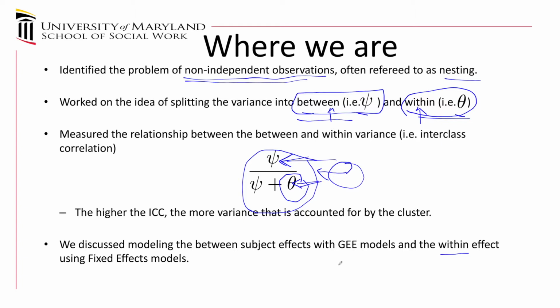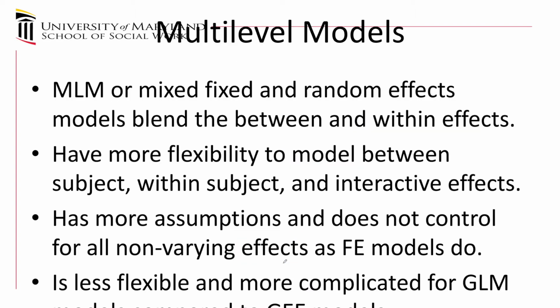We also discussed modeling the between subject effects through generalized estimating equations, where we take this non-independence, we model it as a covariance structure, and then we discard it, allowing the subject effects to be estimated accurately and the standard errors for those subject effects to be estimated accurately. So we've developed quite a bit of sophisticated tools for dealing with this data, and today we're going to fill out our pantheon of fixable problems.